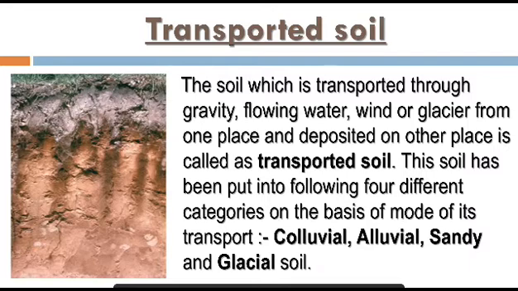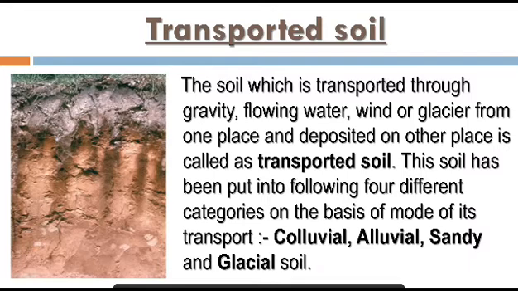Colluvial soil is formed due to deposit of soil in low areas due to landslides. Alluvial soil is formed due to deposits of particles contained in the water of fast water currents.